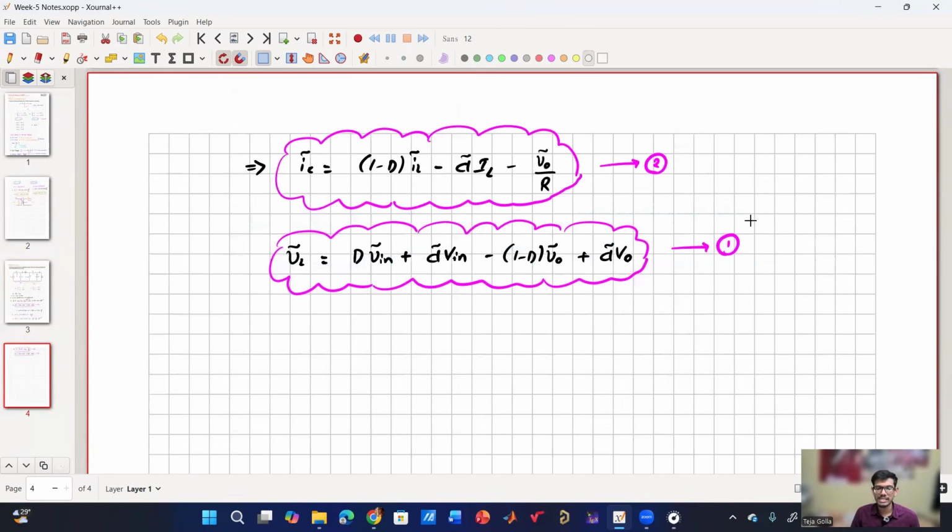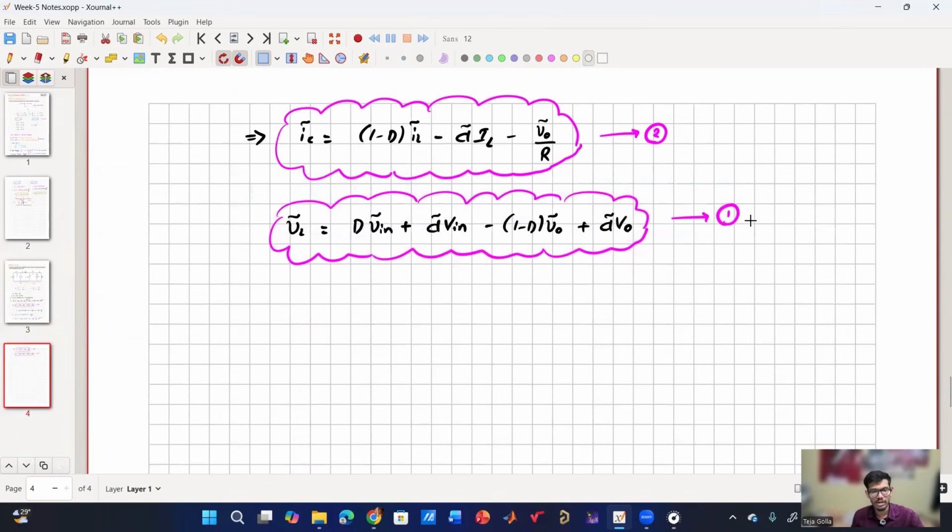Now I have to write this in terms of state space. I know that VL tilde is equals to L into dIL tilde by dt, and IC tilde is nothing but C into dVC tilde by dt. So far clear, or do you have any doubts? If you have doubts, I'll explain again, else we'll move on.